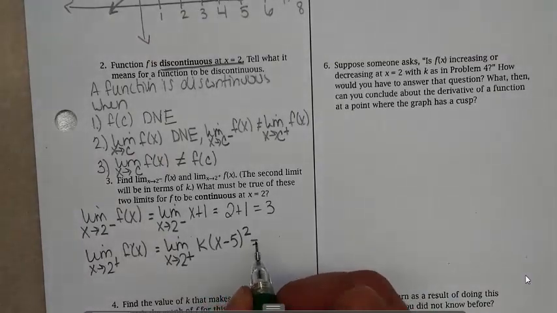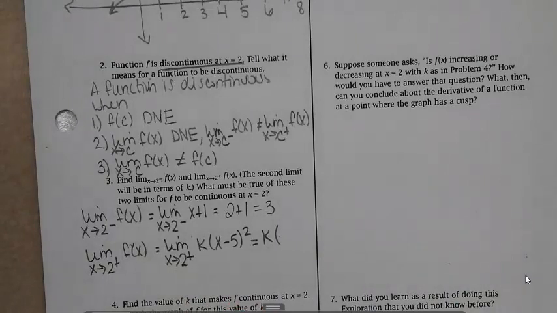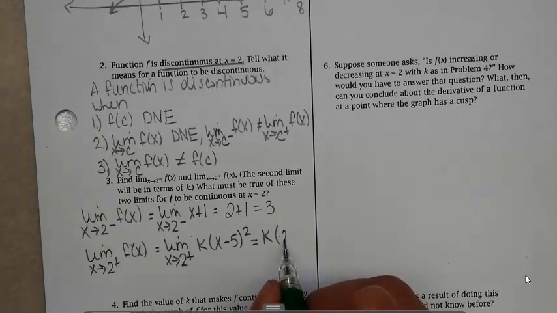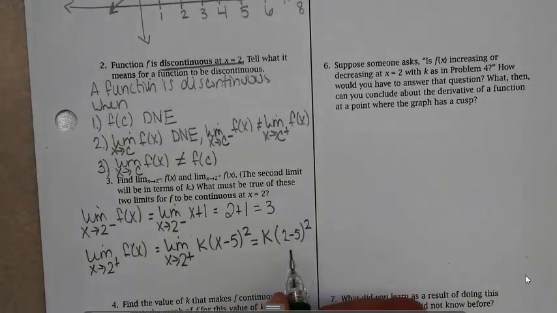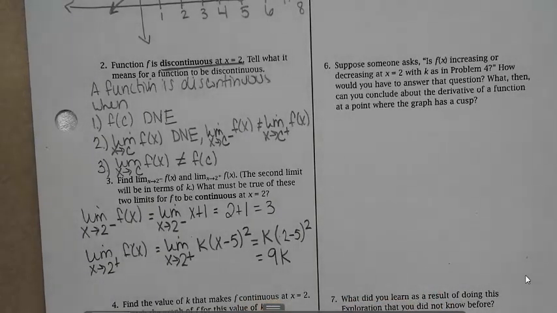When I plug everything in, I still have a k, and then 2 minus 5 squared, which gave us 9. So this piece equals 9k. Okay, so that's the first part.